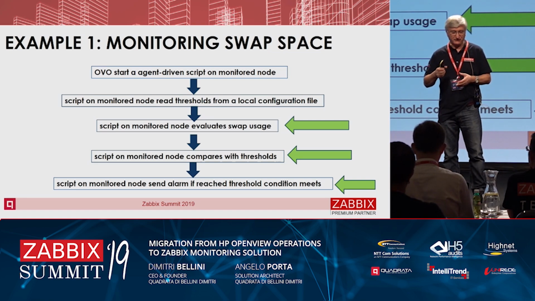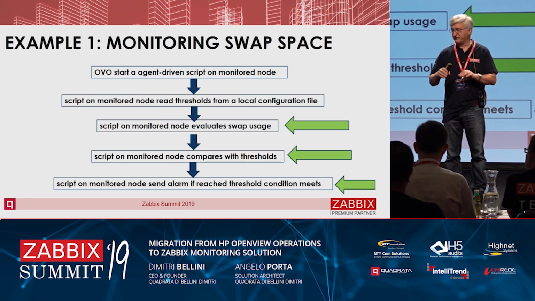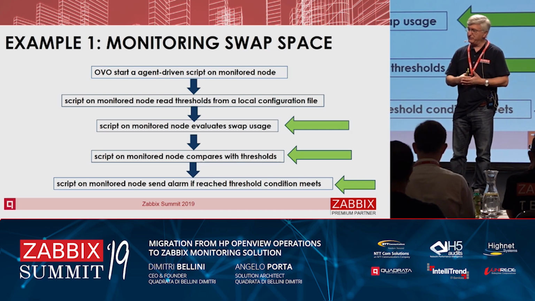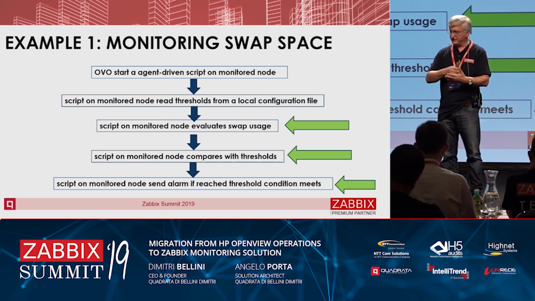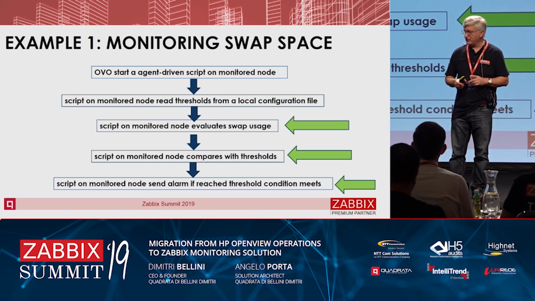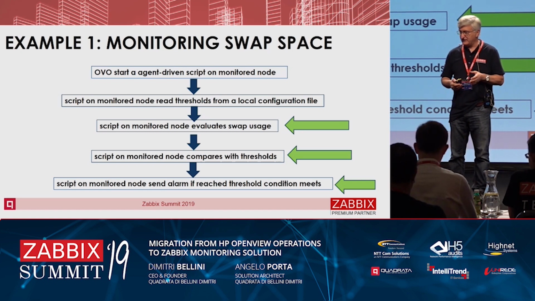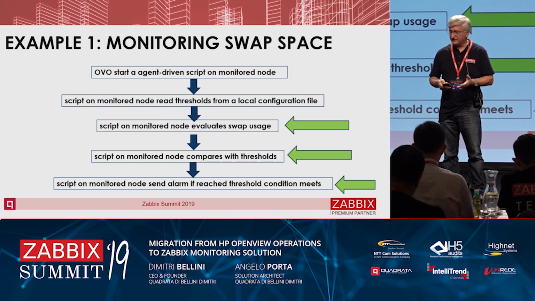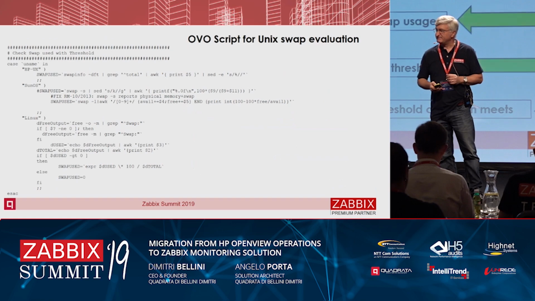The first time, if the configuration file does not exist, it creates the configuration file. Then it evaluates swap usage, compares with these thresholds, which are more than one threshold, and sends a message using OPCMon to the central engine in case a threshold is reached.